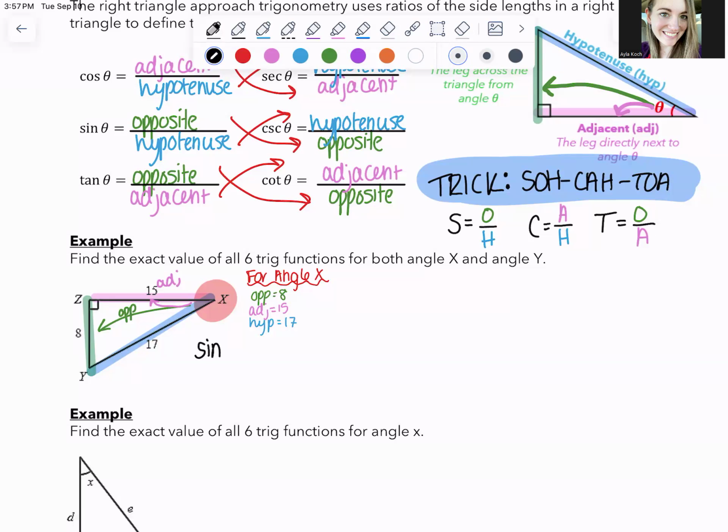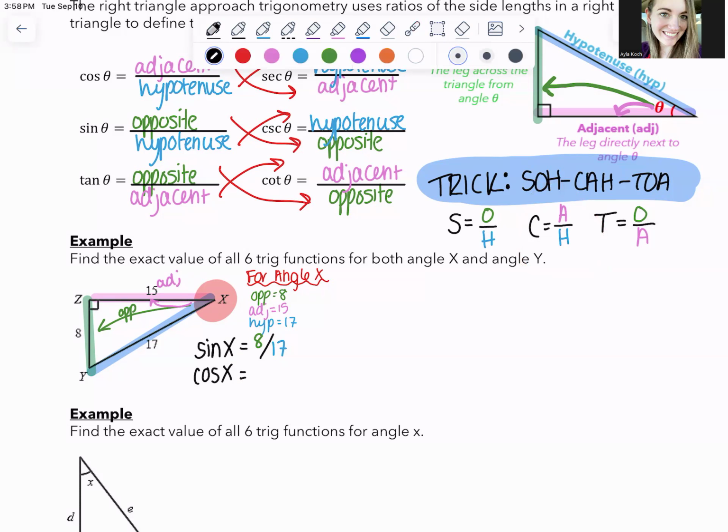All right, so sine of angle x, that's opposite over hypotenuse. So our opposite side is 8. Our hypotenuse is 17. So sine of angle x is 8 over 17. Cosine of angle x, that's adjacent over hypotenuse.